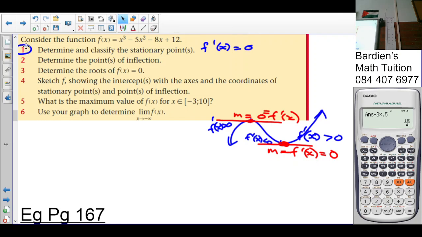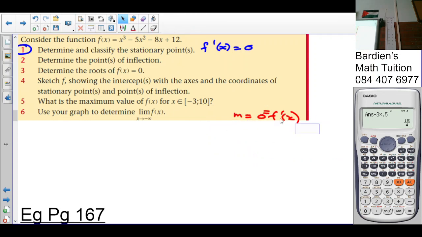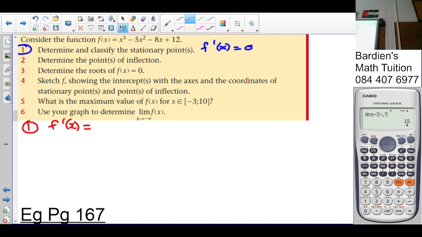I'm going to pause the video at this point. Now we don't have much time. Okay, I'm going to go straight into it. Is it okay? So your first derivative would give us 3x squared minus 10x minus 8.